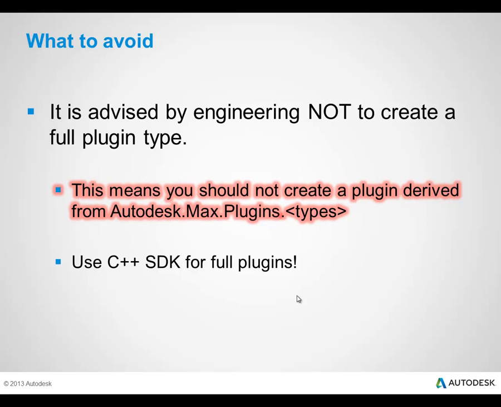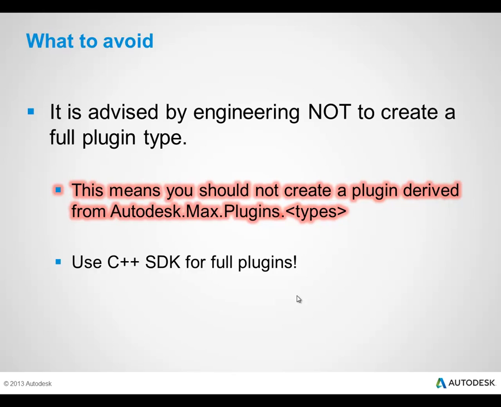So there's one important thing to avoid. Because the wrapper assembly is a one-to-one mapping of the C++ SDK, and if you remember when we talked about the C++ SDK, you derive from our base classes to get a specific plugin type, that mechanism does not work in the .NET API.